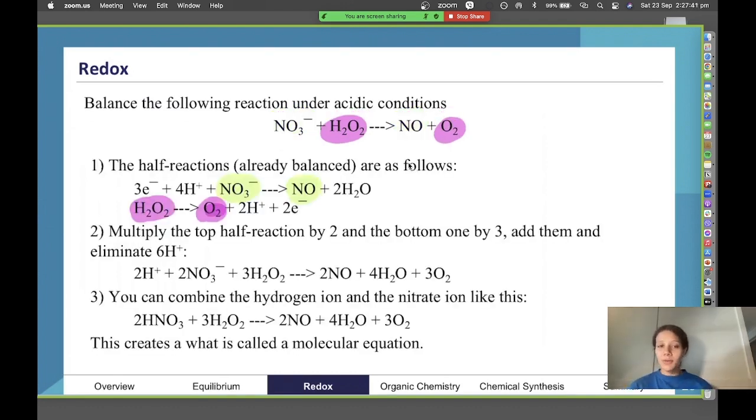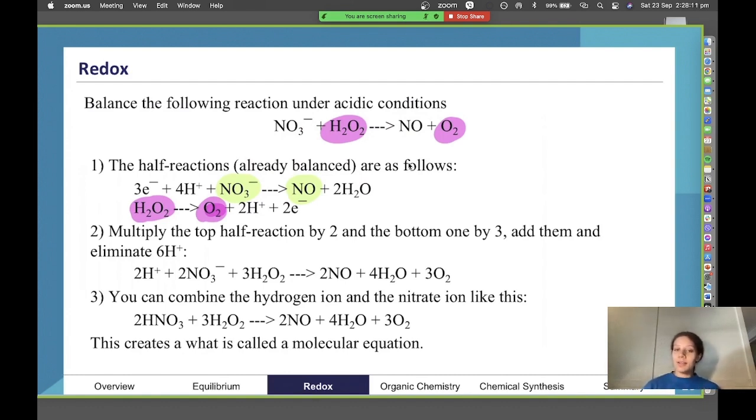Then we follow the same half equation process of balancing hydrogen and oxygen, then balancing our charges with electrons. Because we have 3 electrons on the top and 2 on the bottom, multiply the top equation by 2, multiply the bottom one by 3, and we end up with 6 electrons. We can also cancel out some H plus, because we're going to have excess H plus on the left versus the right hand side.